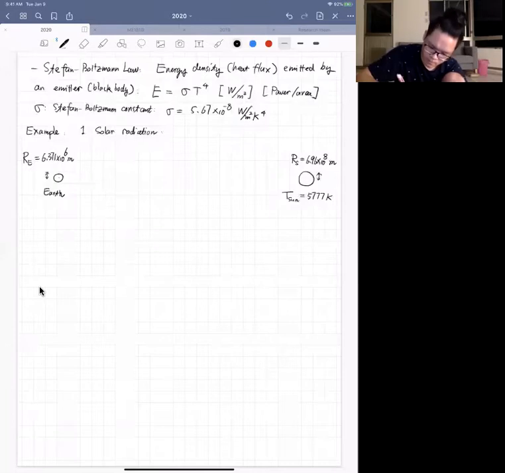Of course, the sun is very far away from the Earth. The distance between the sun and the Earth is about 1.496 times 10 to the 11th meter.